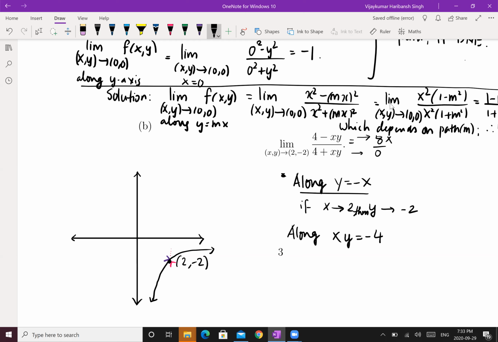In this case, consider the following: if you approach 2 from this side, this means that the absolute value of x and the absolute value of y are both less than 2.